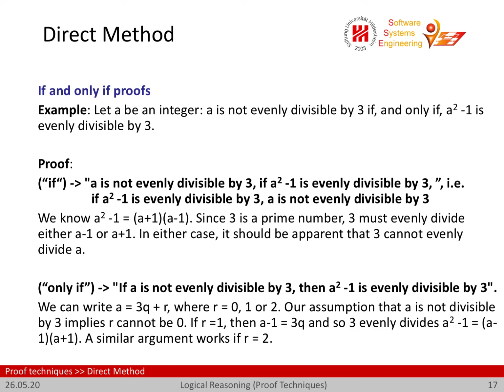No matter which one of those it is, if they are divisible by 3, actually A cannot be divisible by 3. The only if part can be similarly done. So we write, if A is not evenly divisible by 3, then A square minus 1 is evenly divisible by 3.